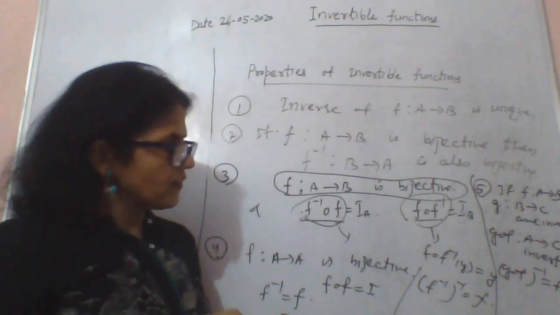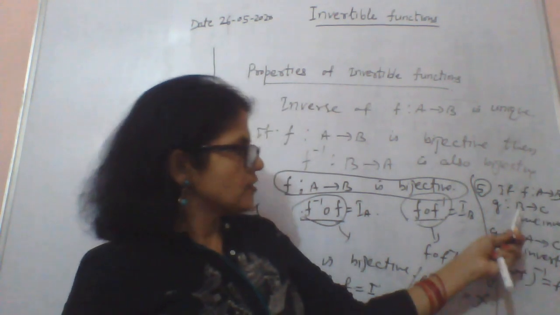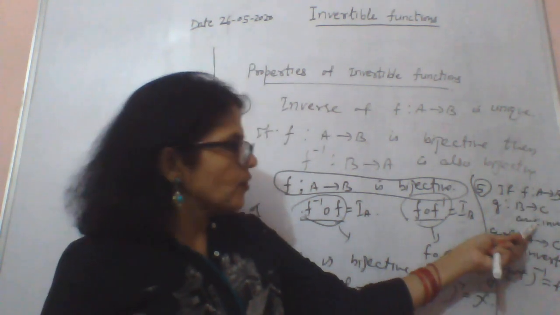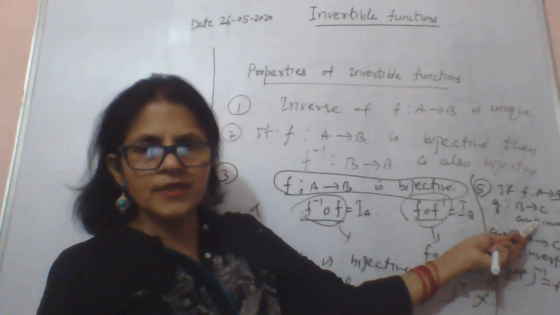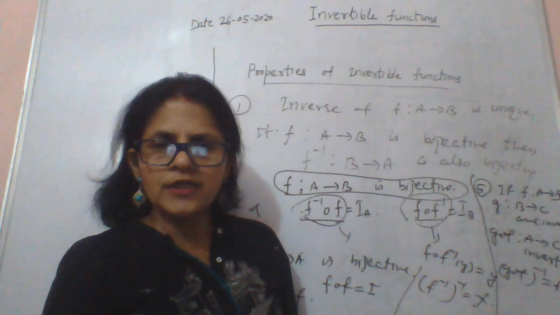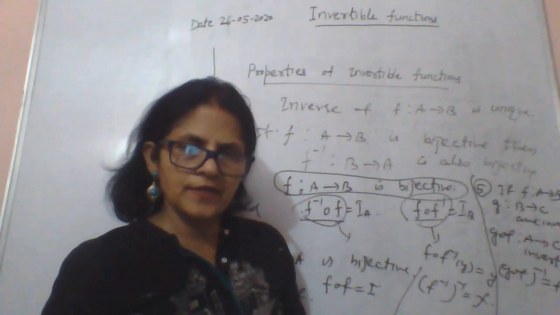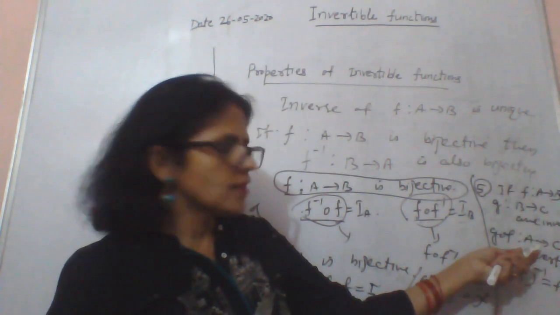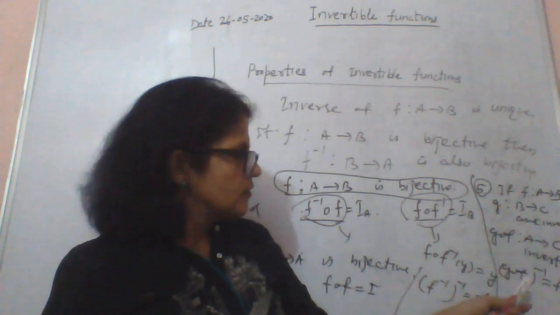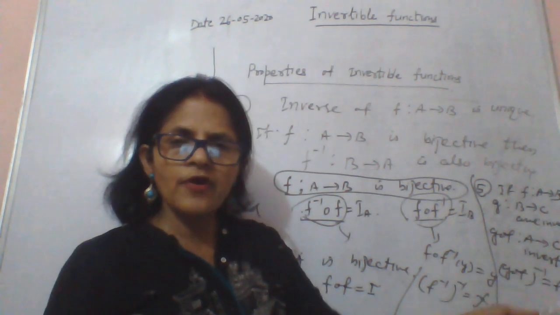Whenever f is a function from A to B and g is a function from B to C, both invertible, meaning both bijective, then g of f will be bijective. So it is bijective, which means it will be invertible. So the inverse of g of f equals f inverse of g inverse.